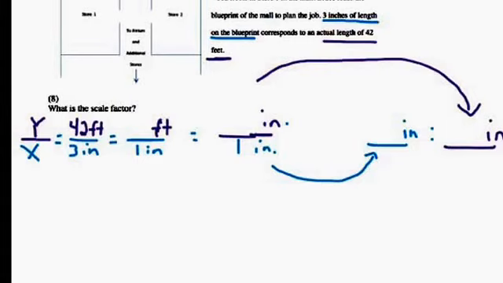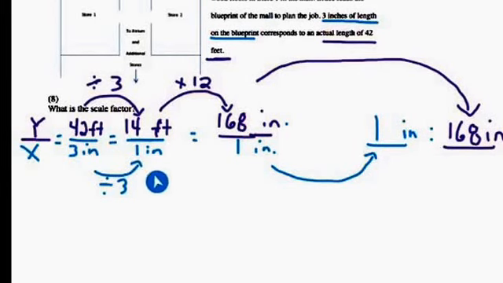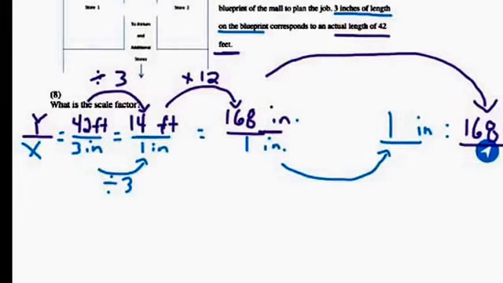Go ahead and work to fill in the numerators. So here we divide each quantity by 3 for 14 feet to 1 inch. We multiply 14 feet by 12, we have 168 inches to 1 inch, and we express that in this notation, 1 inch to 168 inches.